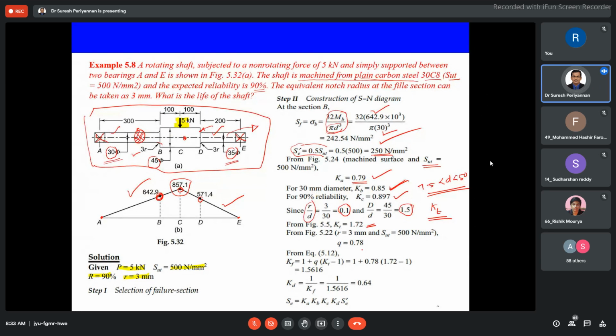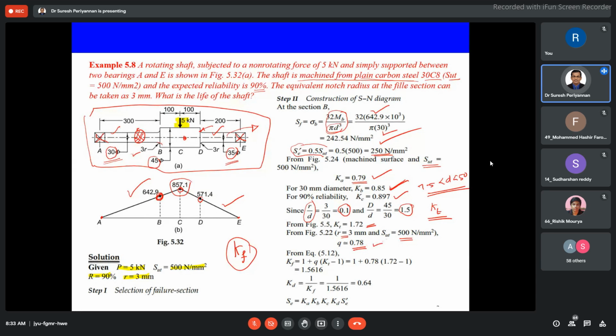Now we would like to find out the actual condition stress concentration factor Kf. Then we have to find out the q value, the notch sensitivity factor. That notch sensitivity factor we are also able to find out because the notch radius is given as 3 mm, and the ultimate strength is 500 Newton per mm square. Based on these two pieces of information, go to your earlier chart. You can find out the notch sensitivity factor q.